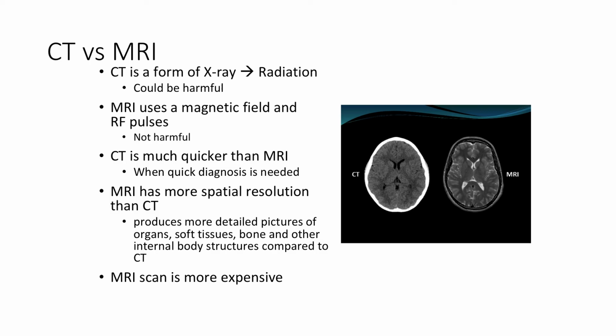CT is much quicker than MRI, so it's better if you need a quick diagnosis. MRI takes a long time. However, MRI does have more spatial resolution than CT, especially because you can see the gray matter really well defined from the white matter. But then again, the MRI scan is way more expensive.